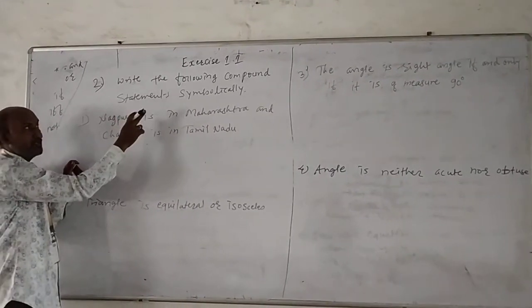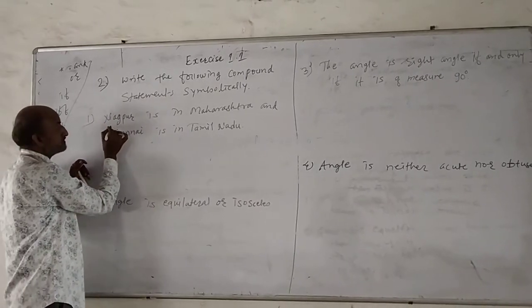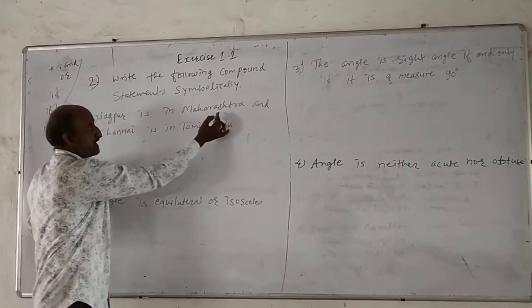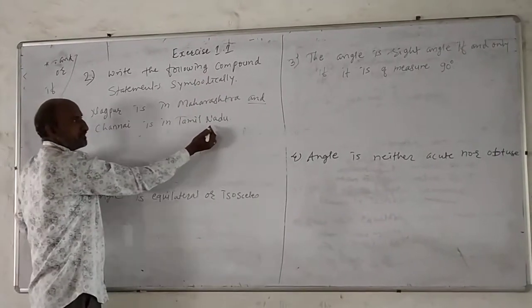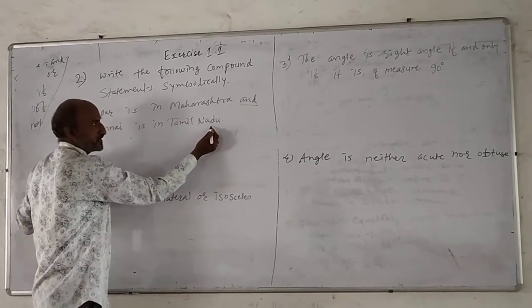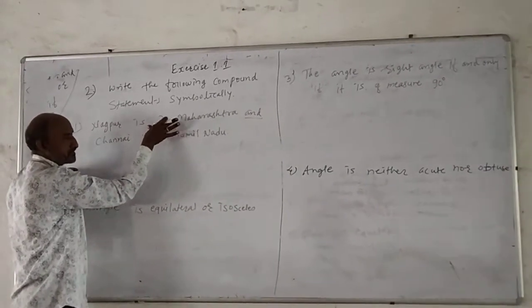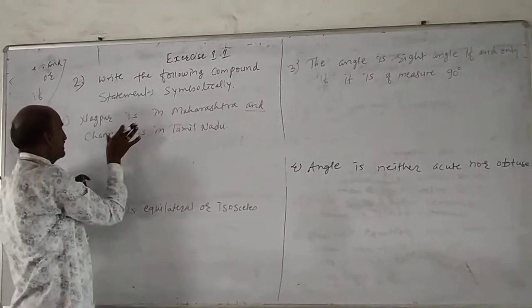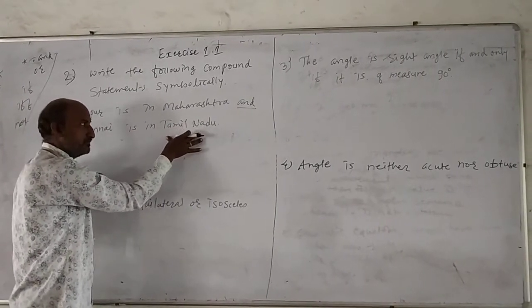See, compound statement, what is the definition? Two simple statements. Here, Nagpur is in Maharashtra and Chennai is in Tamil Nadu. Nagpur is in Maharashtra is statement 1. Chennai is in Tamil Nadu is statement 2.